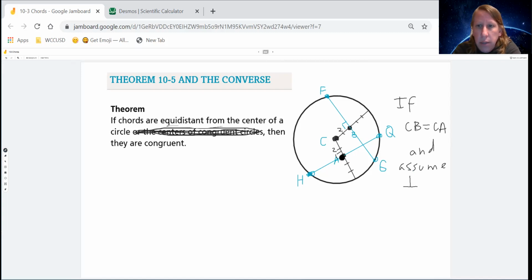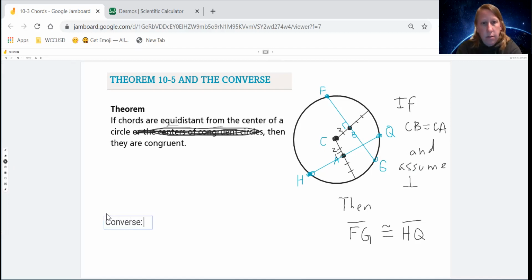If CB is equal to CA, and we're assuming that they're perpendicular, then this theorem says that chord FG is congruent to chord HQ. Chord FG is the same length, and that makes sense because it's the same distance away from the center. The converse, anyone want to try it?